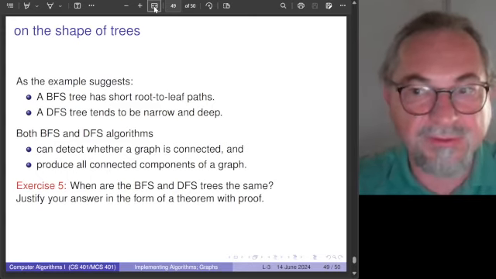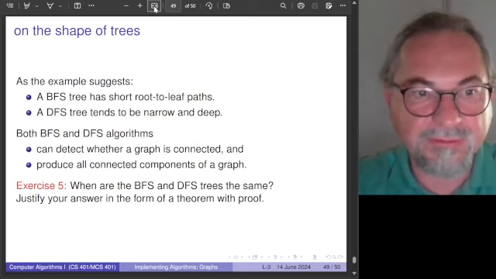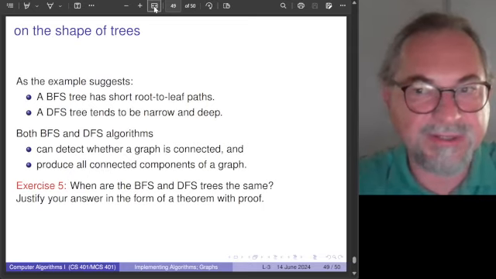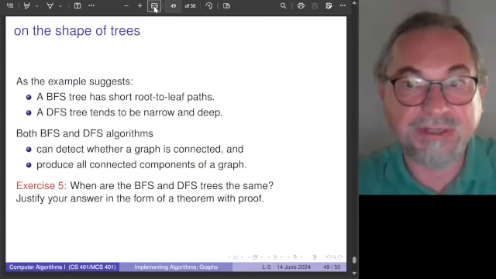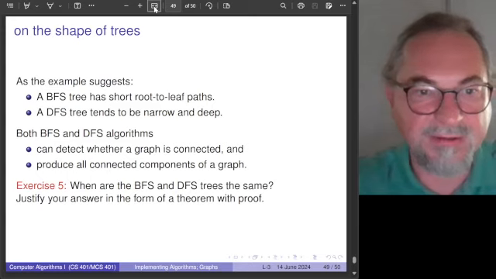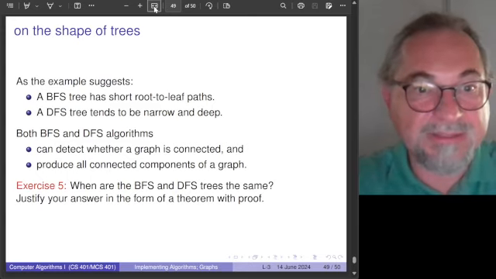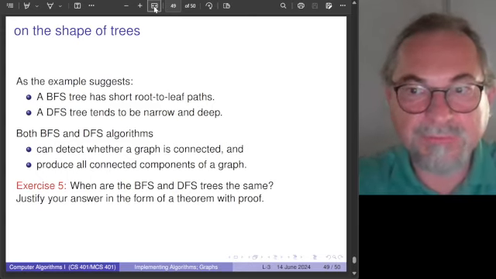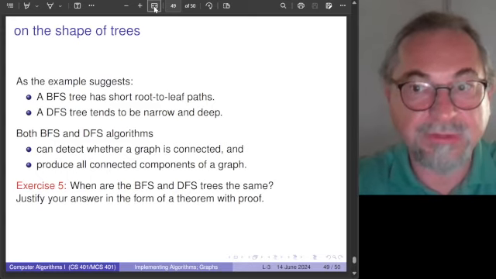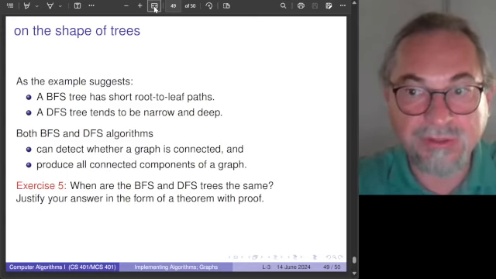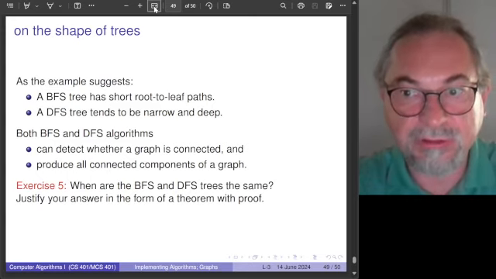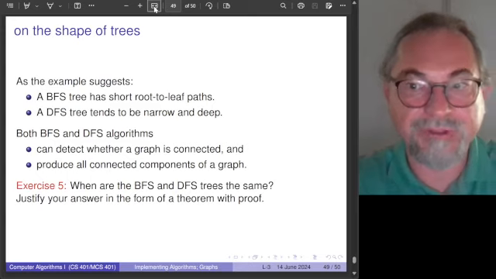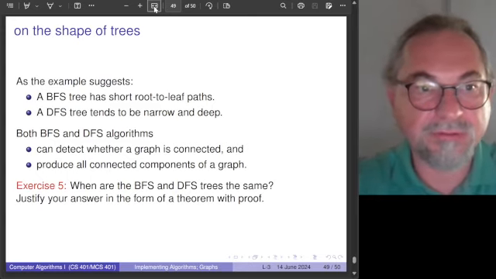But the next thing is to show that this is indeed the case, because there's only one unique outcome in both. But is that the only situation? You can show this with an example. You can show a very simple example of a graph that is not a tree and for which you have different trees.